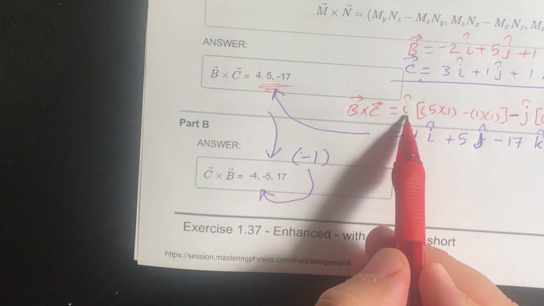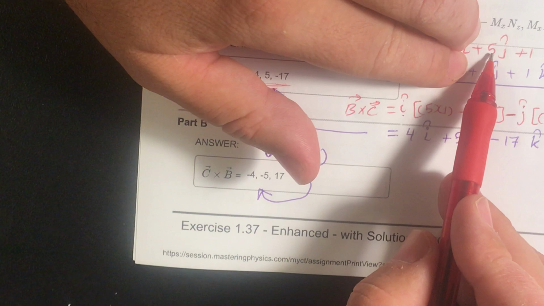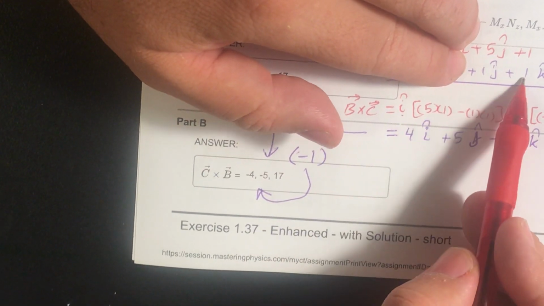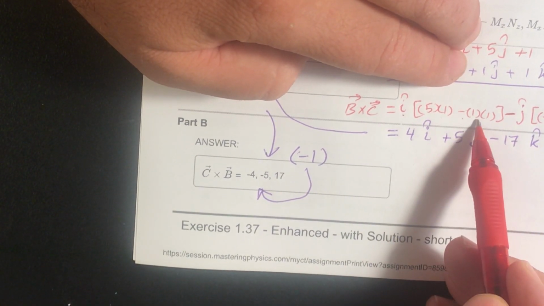We have the x component, which is I, and then we need to multiply in this cross way: 5 multiplied by 1 minus 1 multiplied by 1.